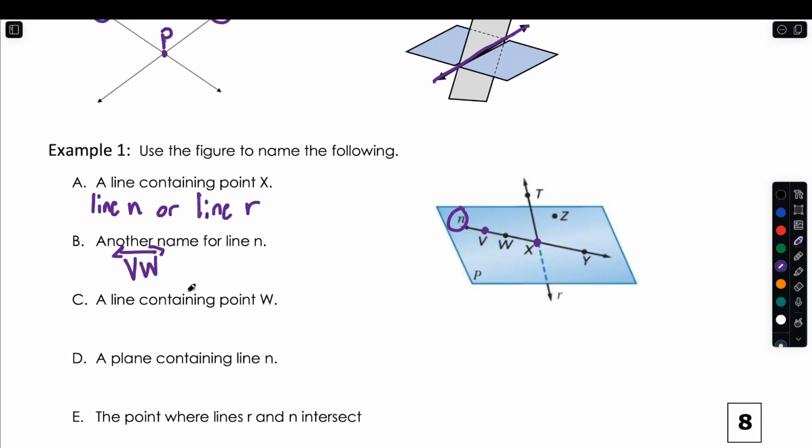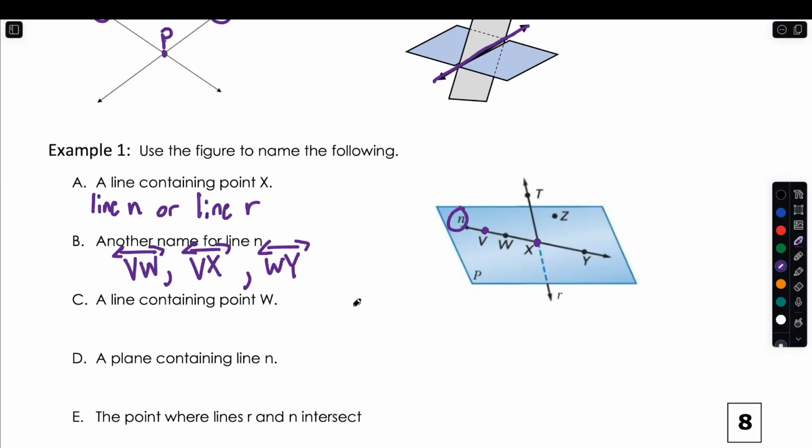We would put them next to each other and put a line with 2 arrows on the left and right. And I wrote VW here. VX also works. You could do WY. Any combination of any 2 points on a line would work.